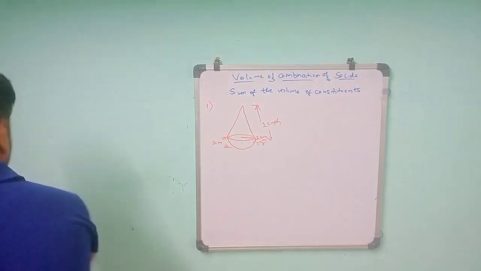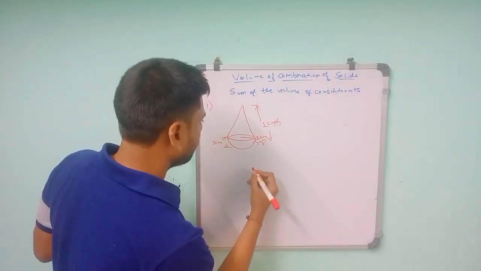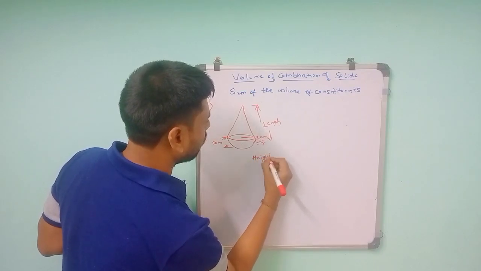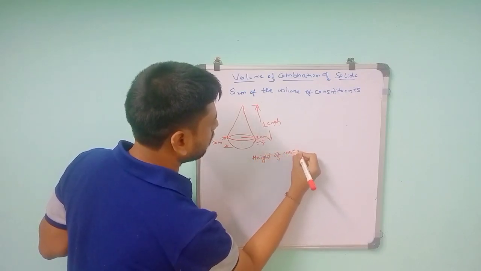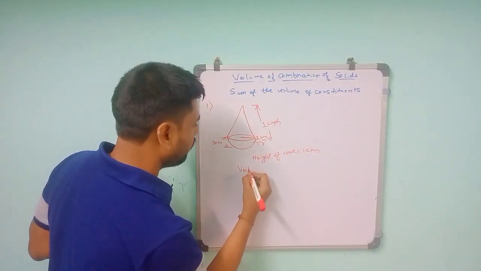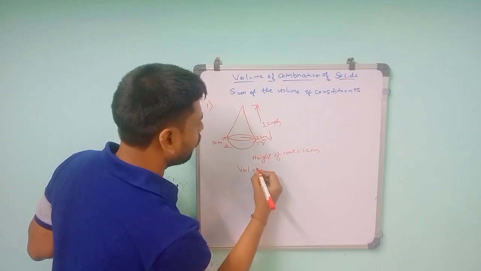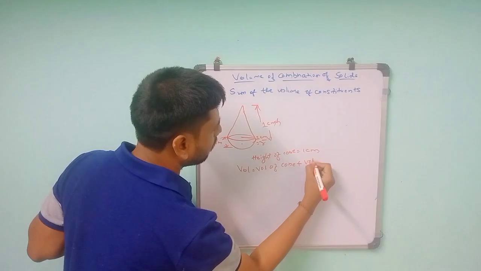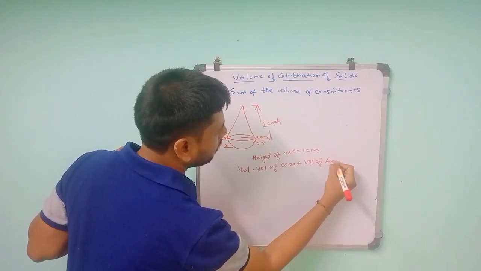So for this one, the height of the cone is 1 centimeter and the radius is 1 centimeter. So if you find the volume in terms of pi, it is the volume of cone plus the volume of hemisphere.